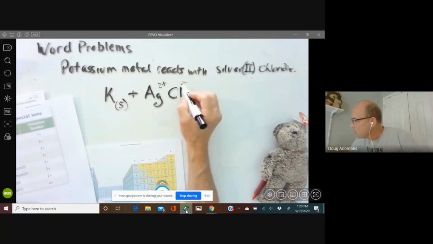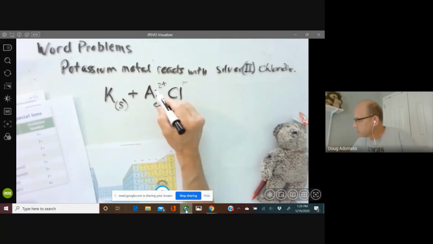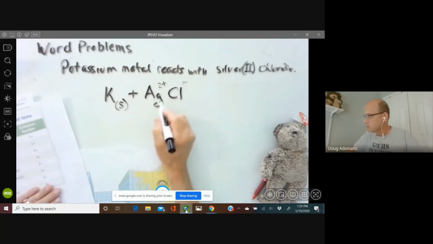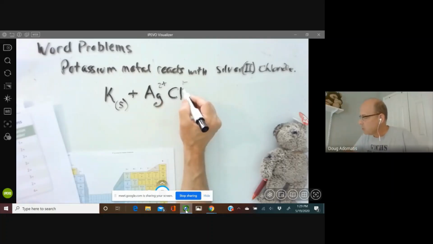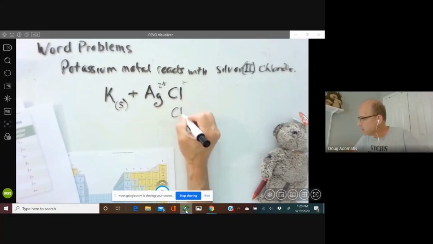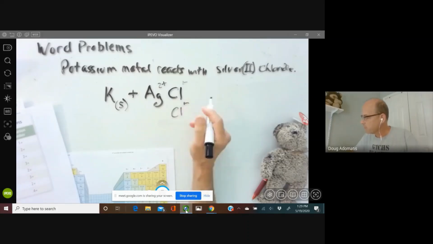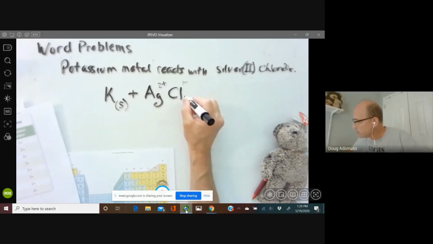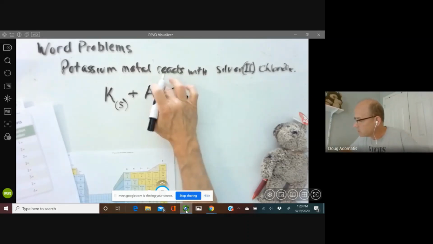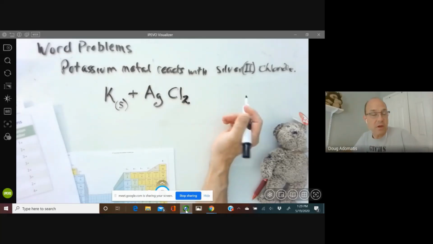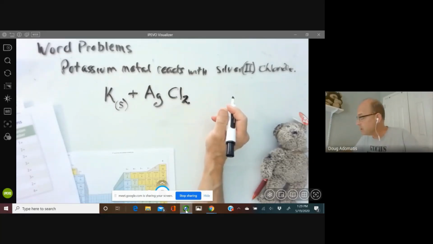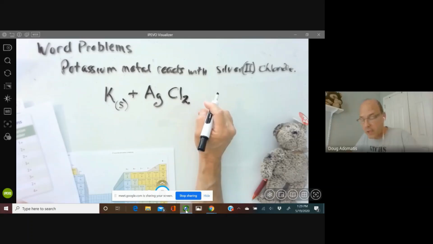Okay, so we're told that it's silver 2 chloride. So silver has an oxidation number of 2, chlorine has an oxidation number of -1. So I'm going to need 2 chlorines to go with every silver, which means I'm just going to put a subscript right here. Okay, so that's the proper formation of the compound silver chloride.